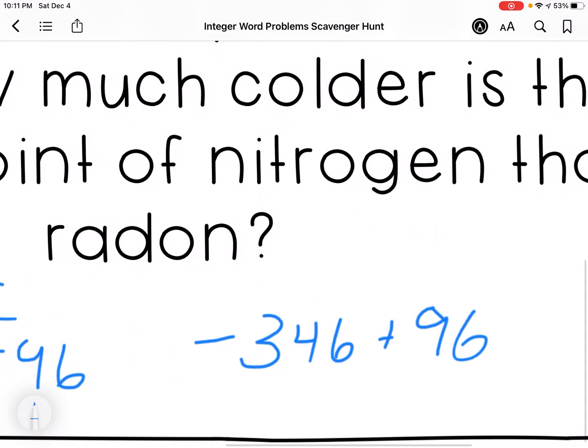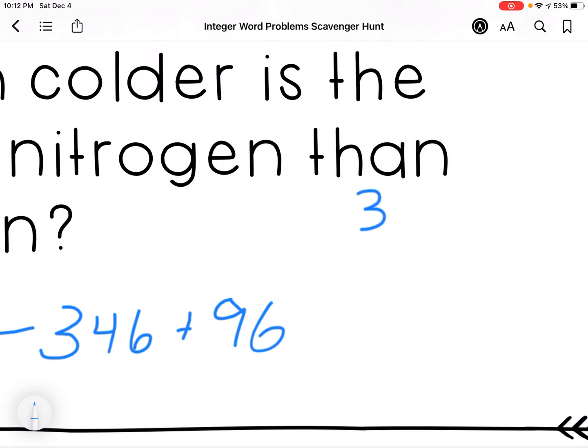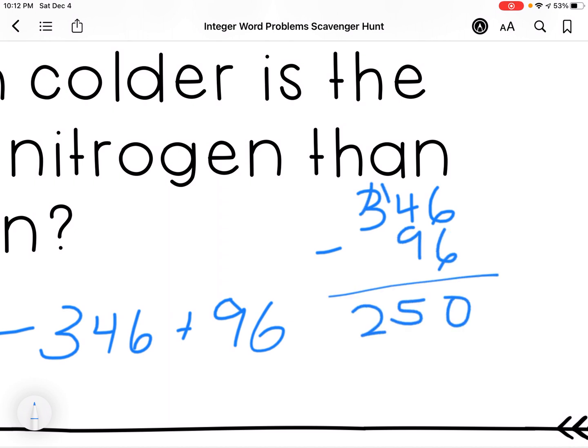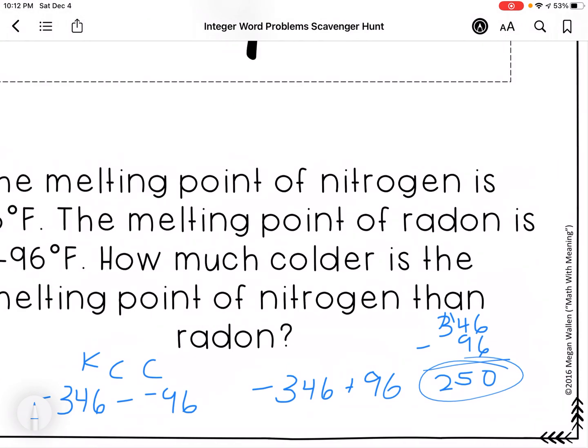Signs are different, so I have to subtract. I get 250 degrees. And they want to know how much colder it is. So I'm going to go with 250 degrees. And it's going to be positive because it's saying that it's colder.